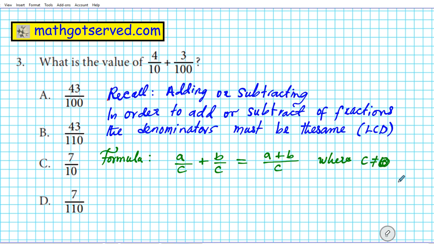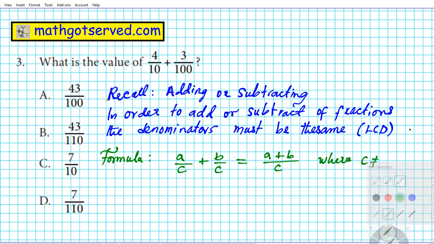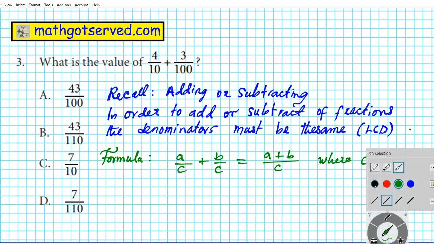Okay, now let's go ahead and apply these instructions to this particular problem. Change this real quick. So c cannot be 0. All right, now we have to add 4 over 10 plus 3 over 100.